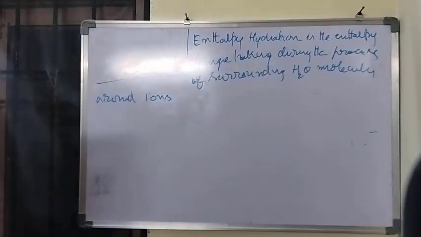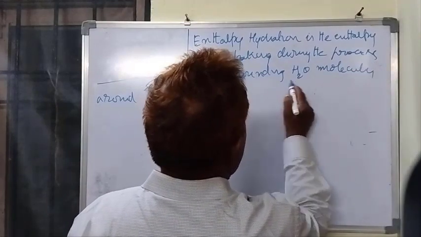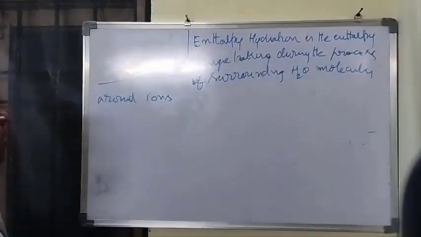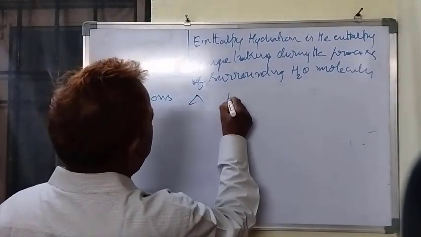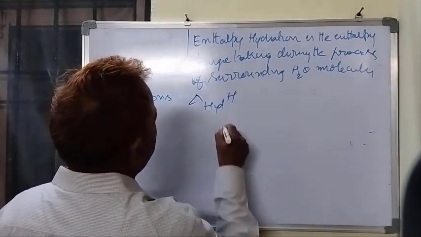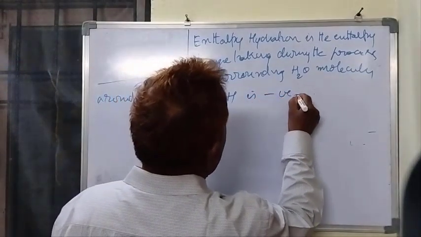Enthalpy of hydration is the enthalpy change during the process of water molecules surrounding the ions. This is delta H hydration, and delta H hydration is negative.